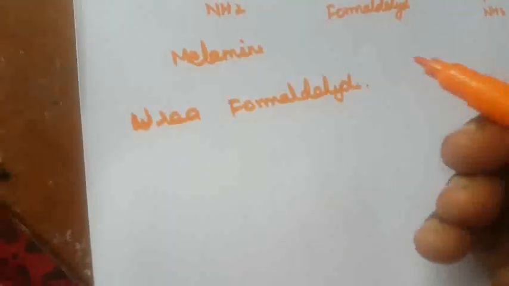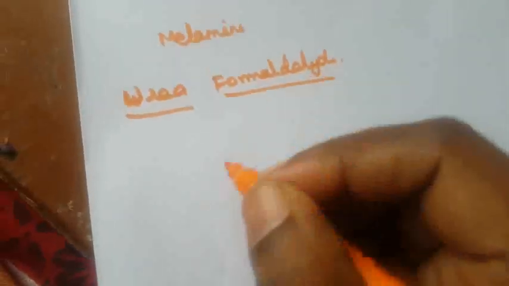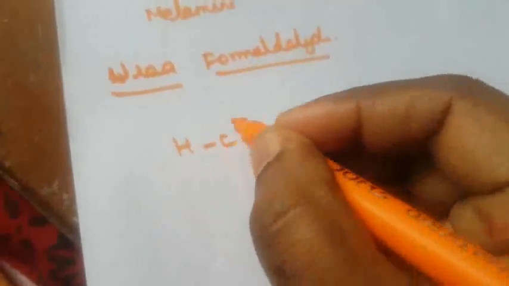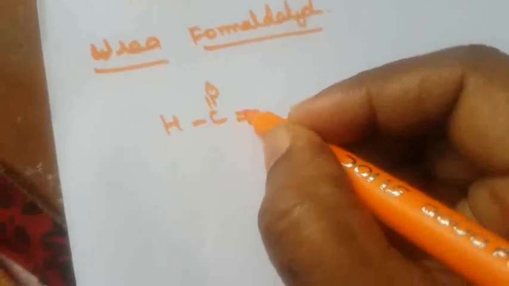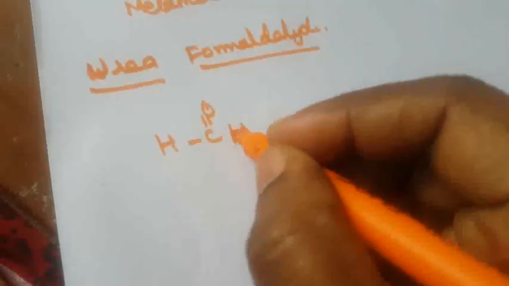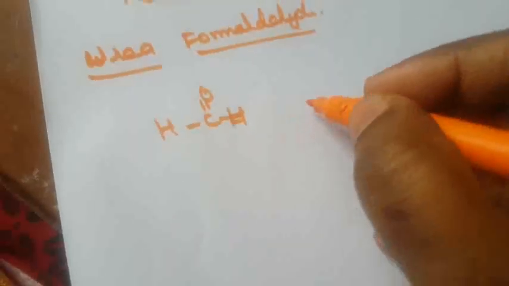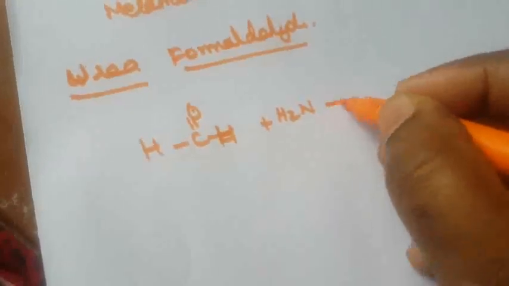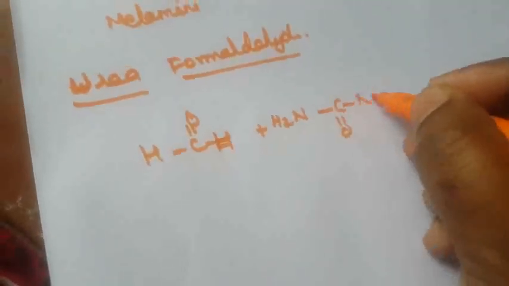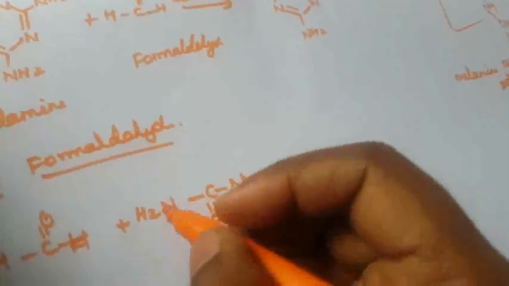What is urea formaldehyde? Again, formaldehyde will react with urea. What is the formula of urea? That is H2N, C double bond O, NH2, right? Now from both compounds a water molecule will be removed.